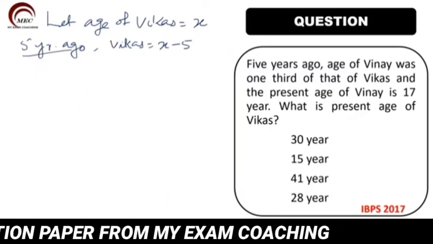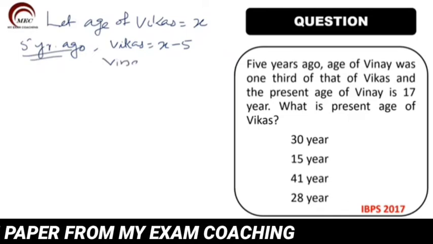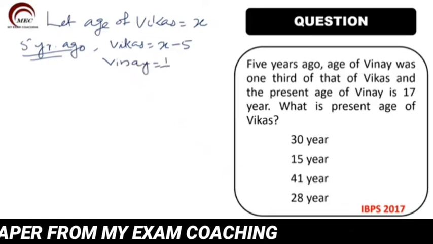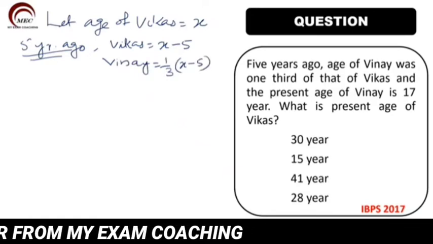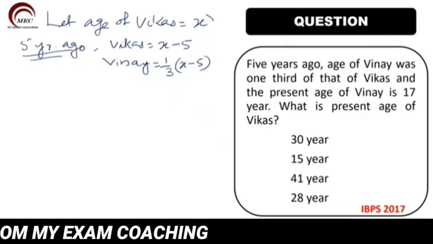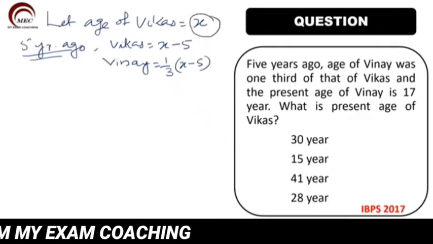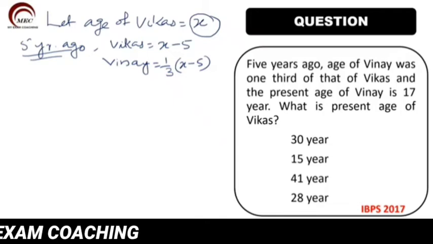So in that time, Vinay was 1/3 of that, so Vinay will be 1/3 of (X minus 5). This is 5 years ago. We have taken the present age of Vikas as X, so 5 years ago, Vikas will be X minus 5.